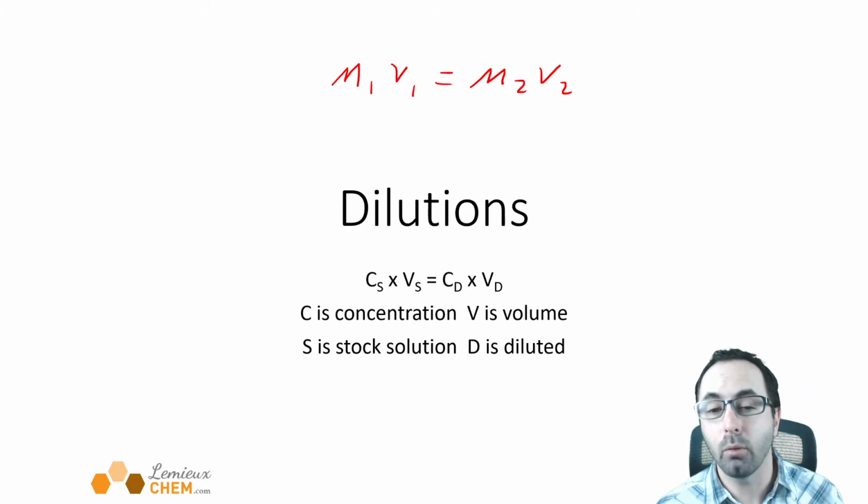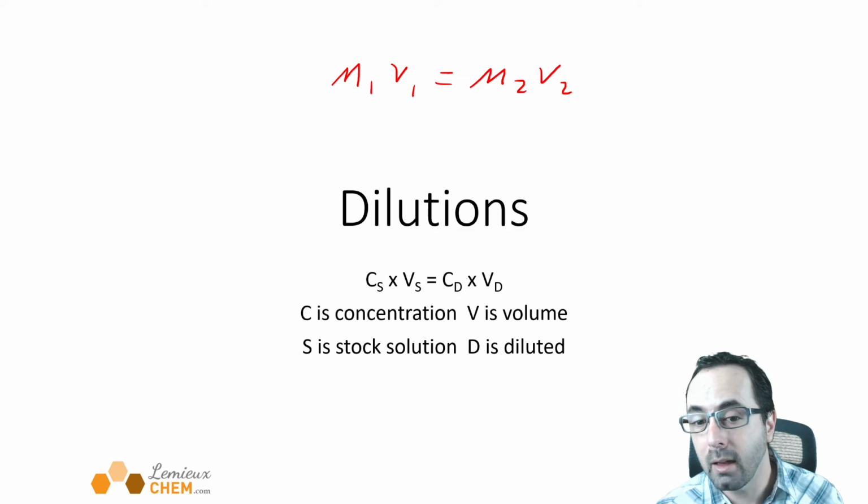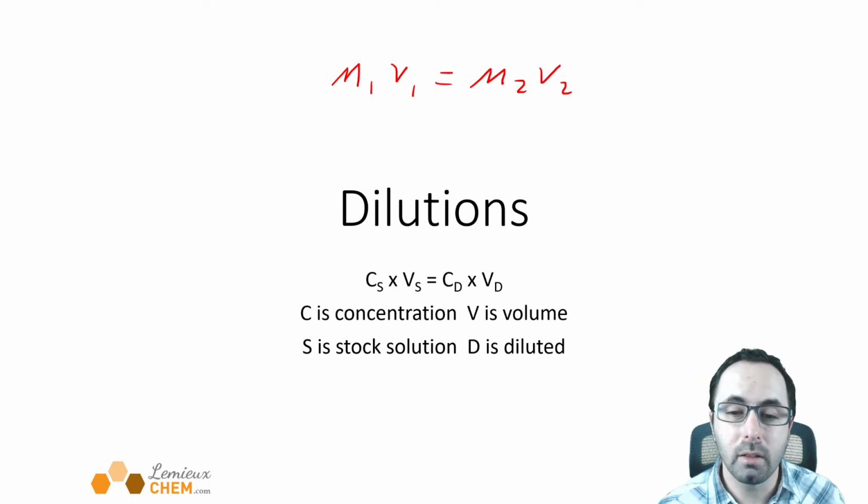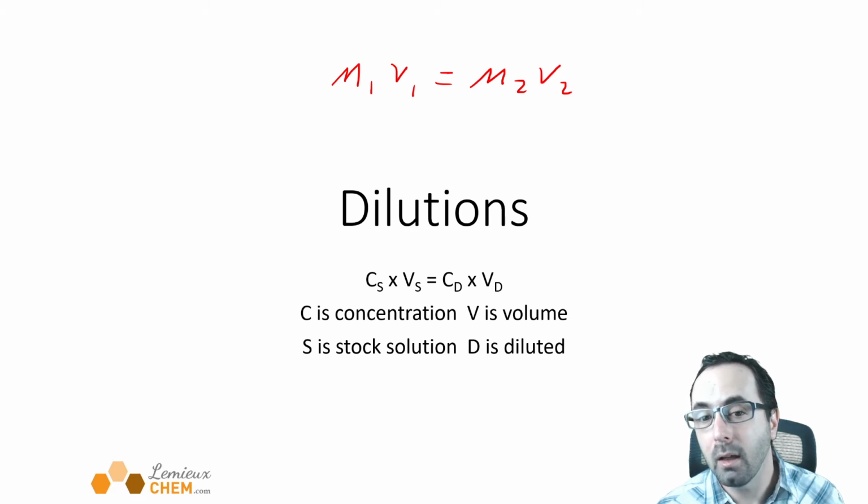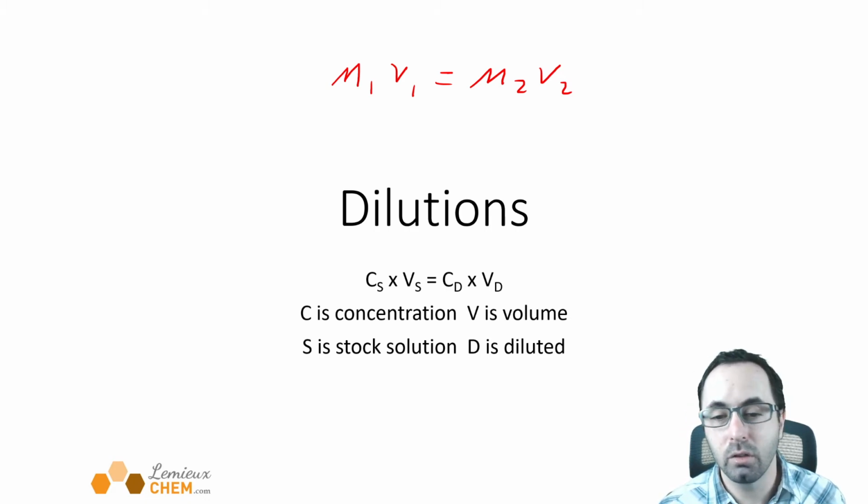Or even in restaurants, you may have an iodine solution that you dilute in order to make the solution. So this kind of calculation is related to that, and you can know the exact concentration of whatever solution you're making.